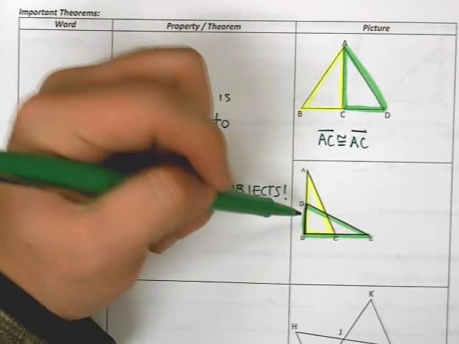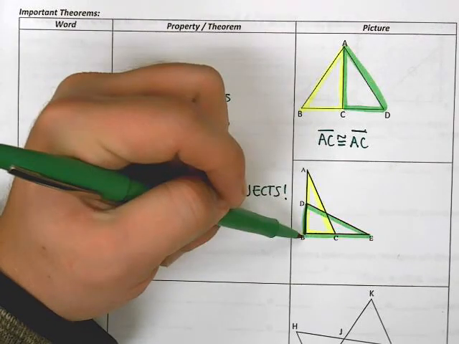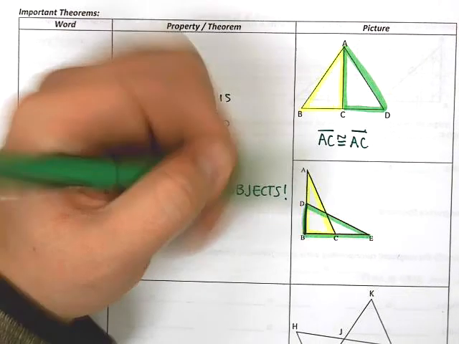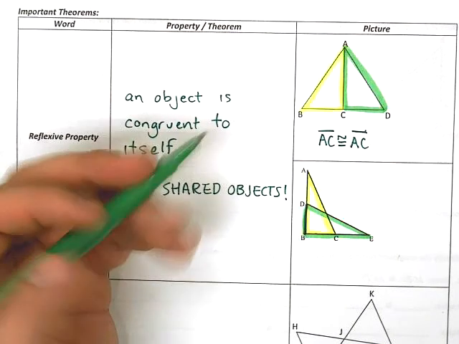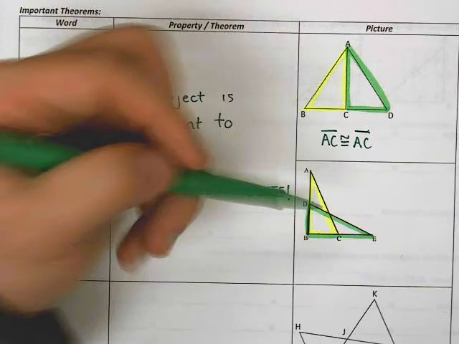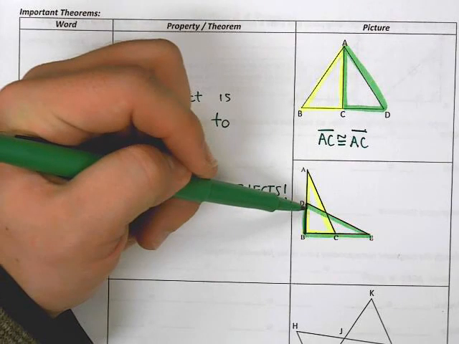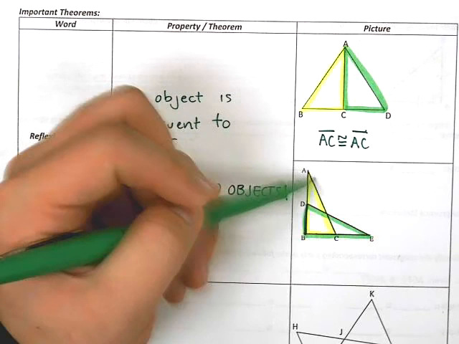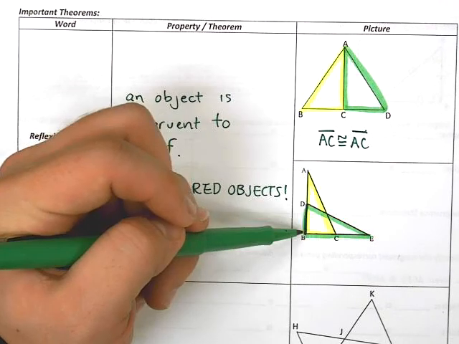So I look, DB is not AB, BC is not BE, and then definitely DE and AC are different. Okay, so no sides are shared. How about angles? Angle D, no, it looks like angle D lines up with angle C, so that's not shared. E and A are definitely different. What about angle B?